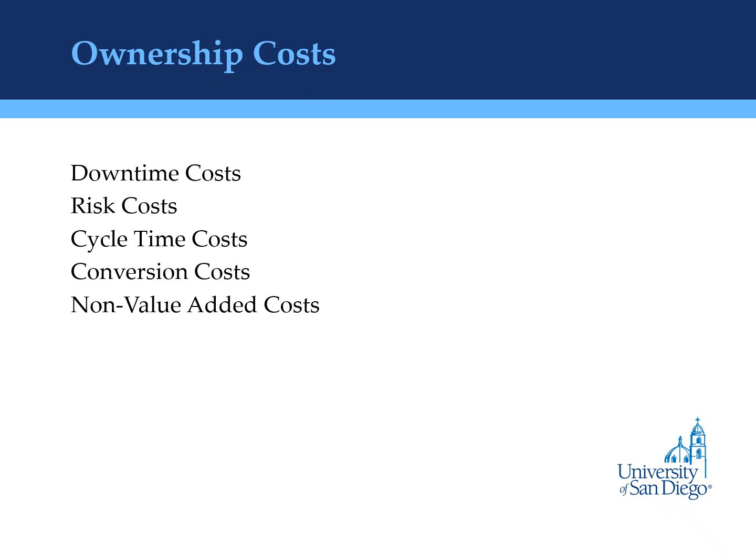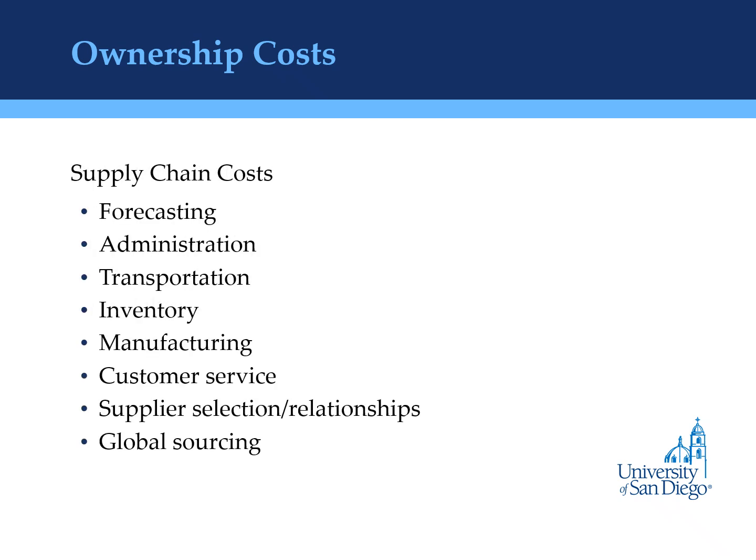And what are the non-value added costs? There's a whole raft of supply chain costs. And again, I'm not going to read these to you because they're a bit more self-evident around forecasting, the overhead of administration, moving things, holding things, serving customers, interacting with suppliers, having to reach out to foreign suppliers.